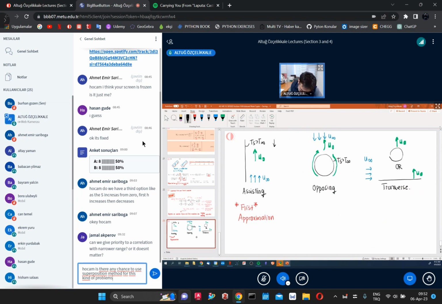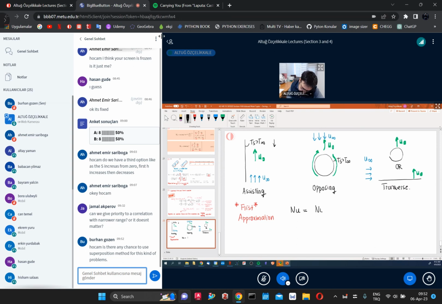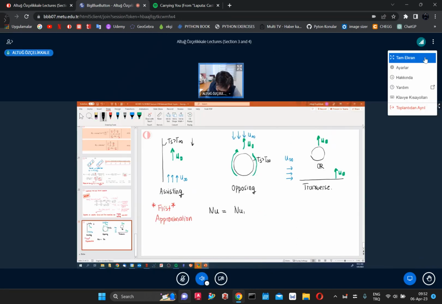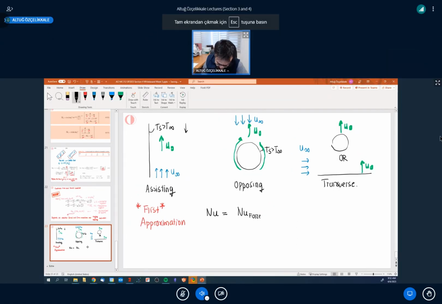It looks like that. So the combined Nusselt number is going to be a function of the Nusselt number for the forced convection conditions isolated alone, right? So we are dividing the problem in half, and then the Nusselt number for the free convection.